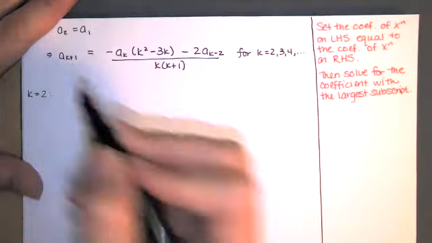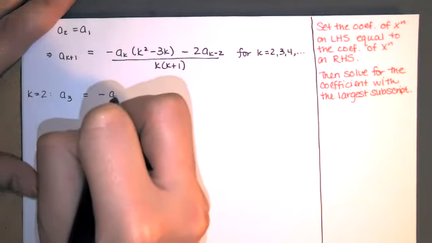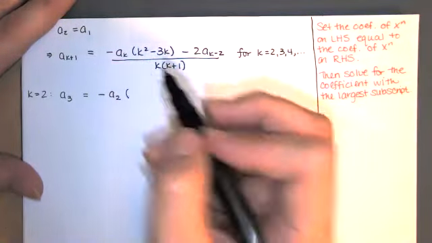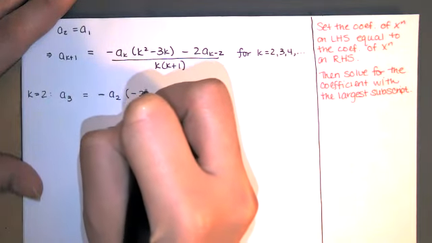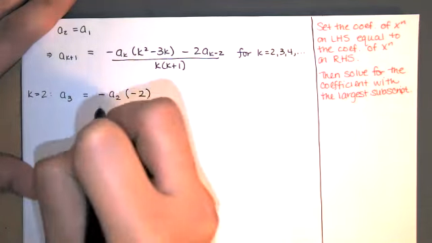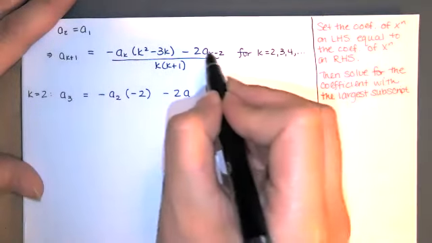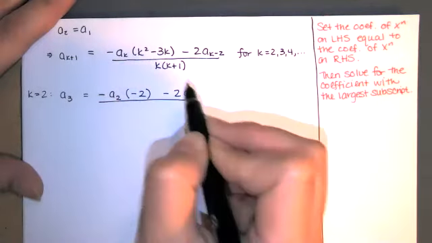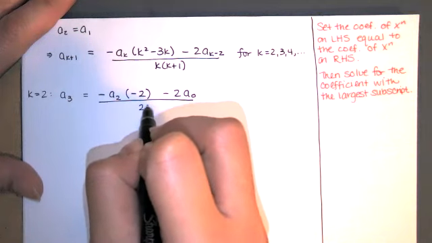All right. So in k equals 2, this is a sub 3. We have that equal to negative a sub 2 times 2 squared minus 3 times 2. So that's 4 minus 6, which is negative 2. And then when k equals 2, this is a sub 2 minus 2, which is a sub 0, all divided by 2 times 3. K is 2, and 2 plus 1 is 3.